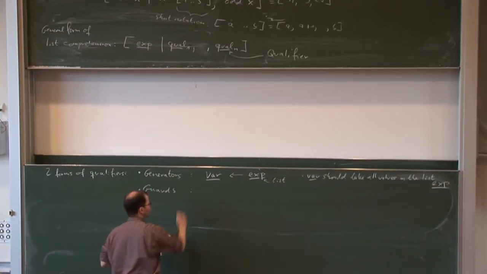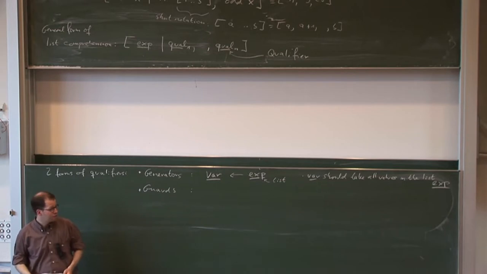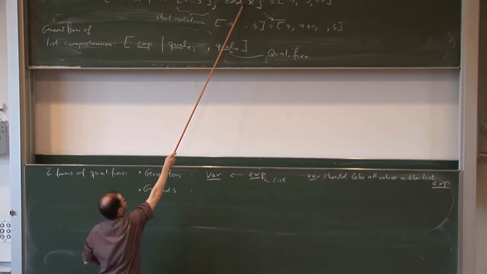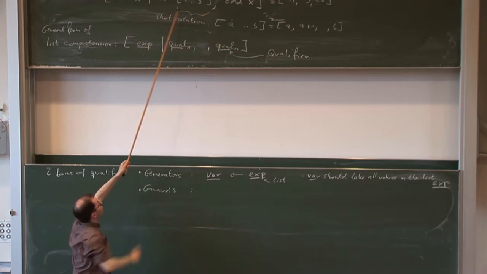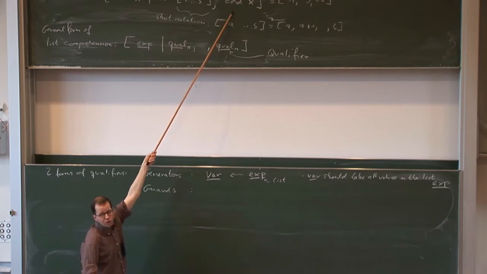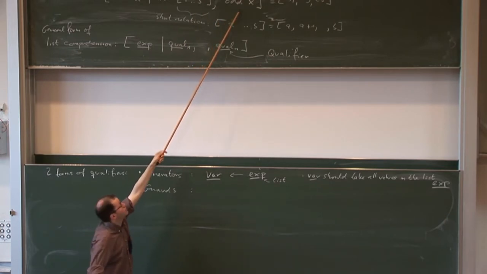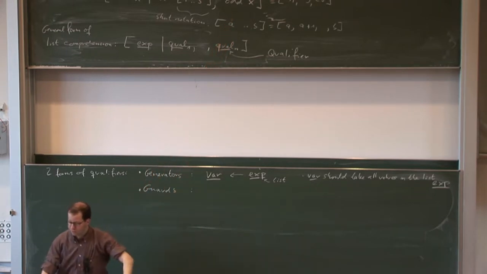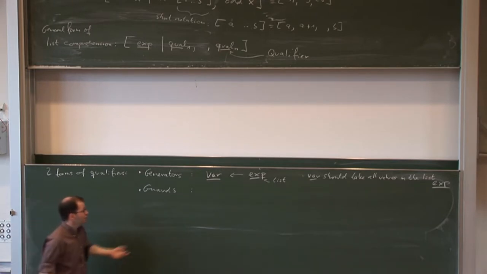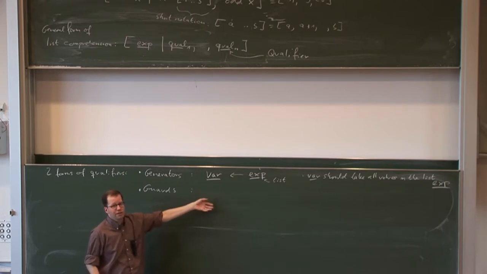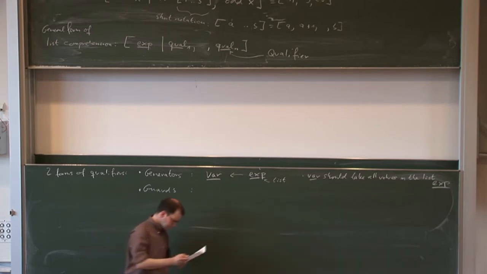And a guard restricts the values. A guard is something like odd x. The guard says, well, up to now, x would take on all values 1, 2, 3, 4, 5. But now we don't want all of these values, but only those values which satisfy this Boolean expression. So a guard is a Boolean expression, and it restricts the values that can be used, because it says, well, if this guard is not satisfied, then don't use this value.